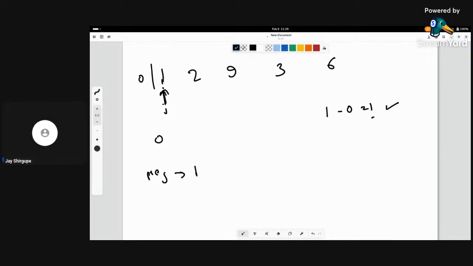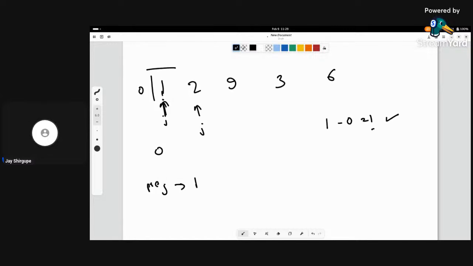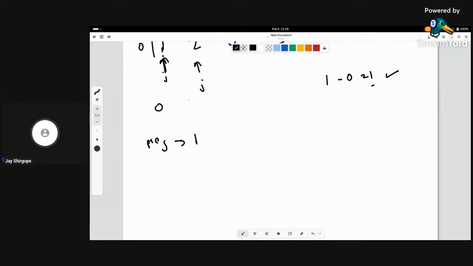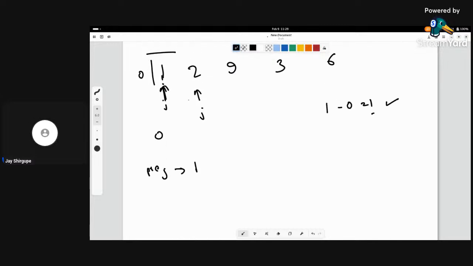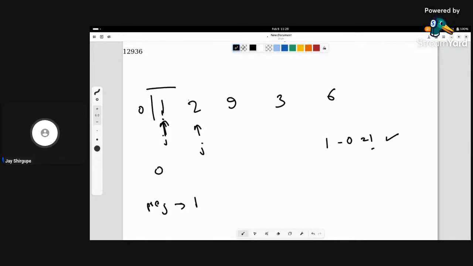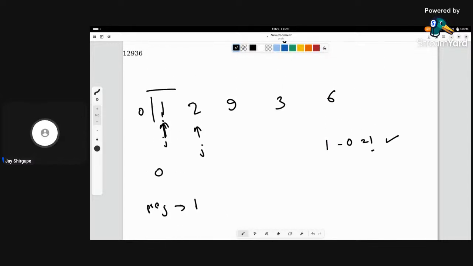Now shift to the next j. What is the prefix for this j? The prefix up to j is 1 2. What are all the possible i's that we have? One is that i is -1, that is you don't include anything, you start from this 1, or you can start from this 2.